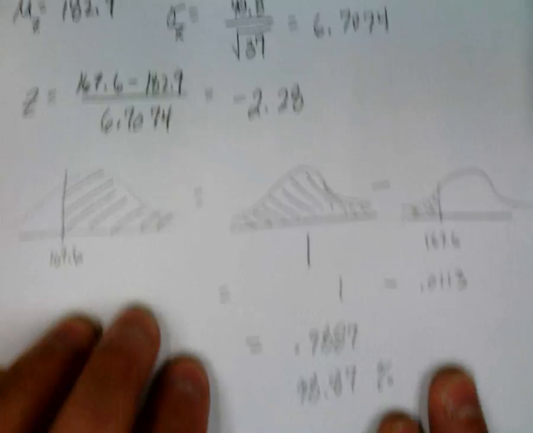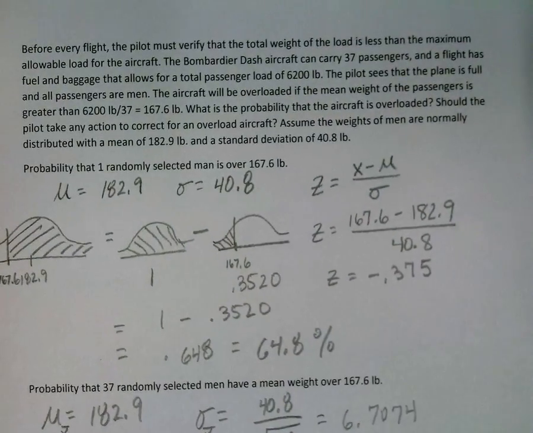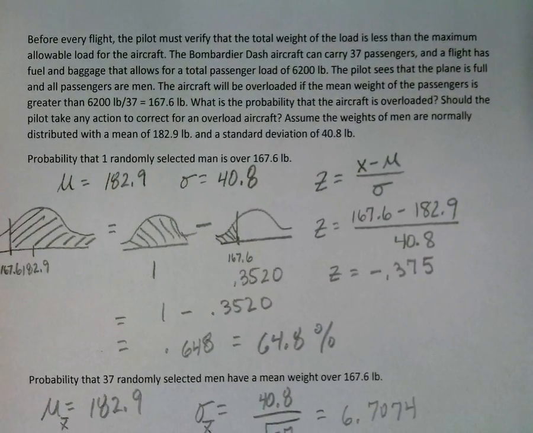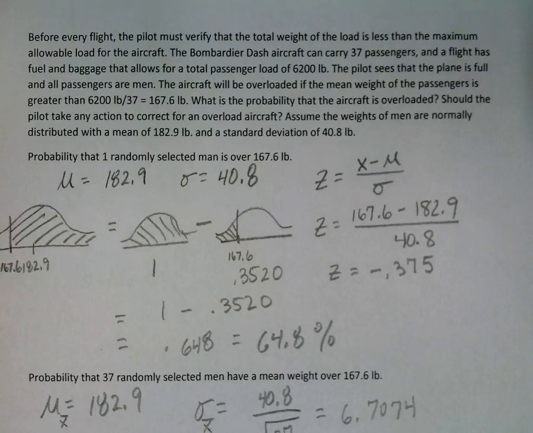If we look at what we did to begin with, we found that the probability of selecting one man out of the population and that one man weighing more than 167.6 pounds was 64.8%, which was pretty good. That's definitely more than half a chance that you're going to get somebody weighing over that.